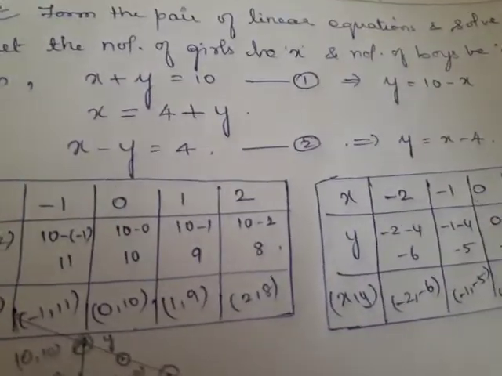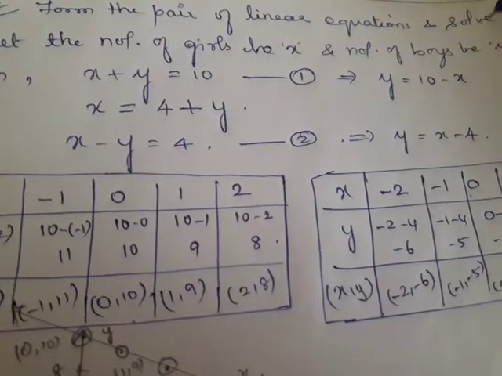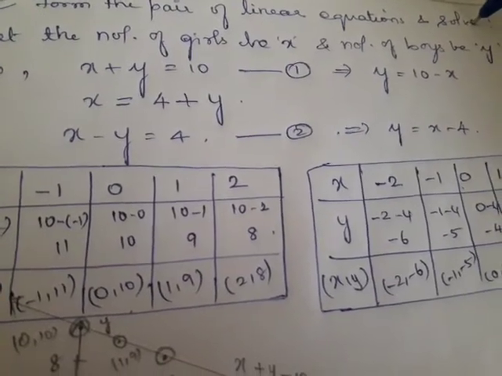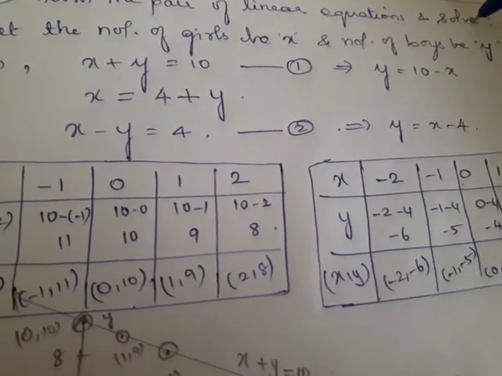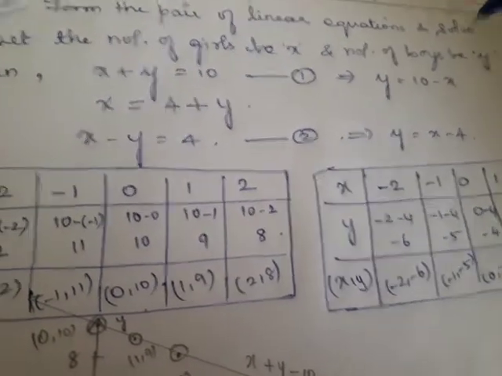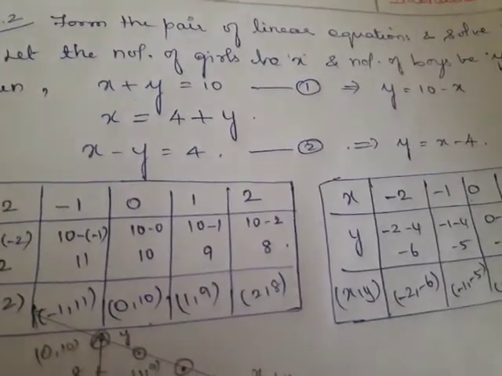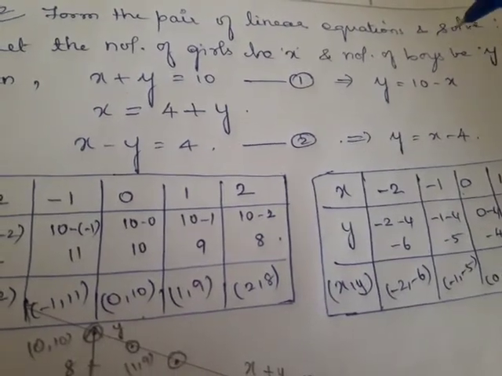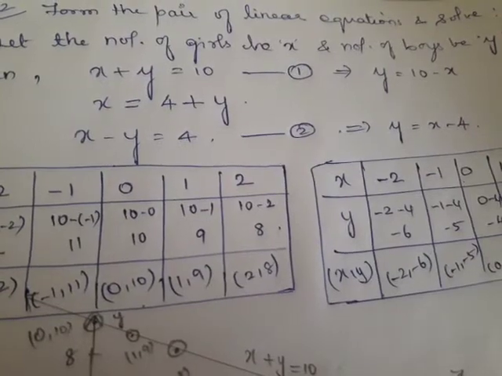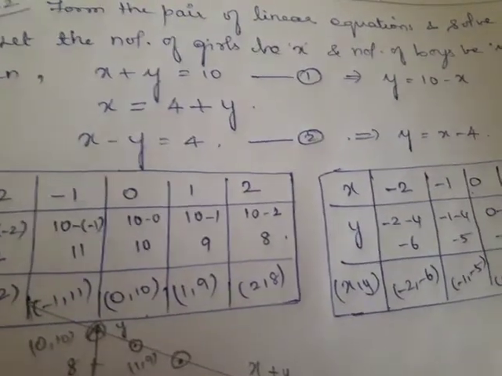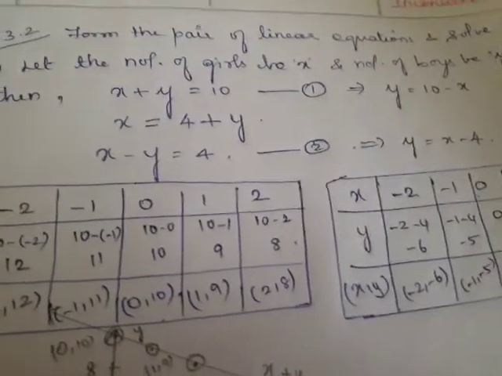And again, solve graphically or algebraically, that also will be mentioned in the question. If they mention, you have to go with that method only. If they don't mention and they simply say form the pair of linear equations and solve, you can choose your own method, either a graphical method or algebraic method. In this question, they asked you to solve graphically, so you have to go with the graphical method only.